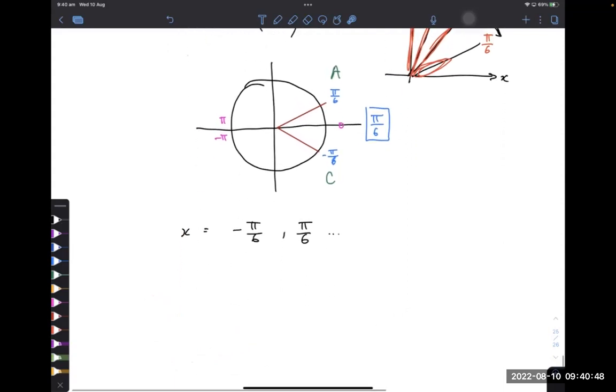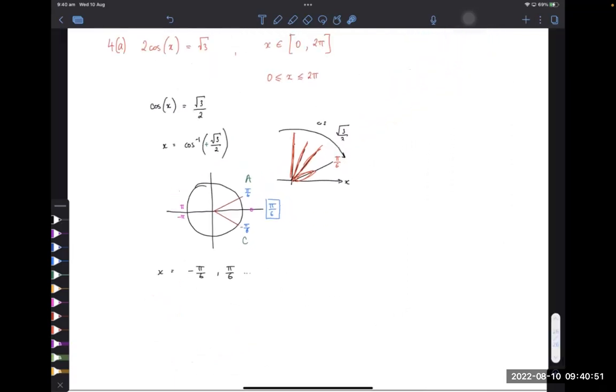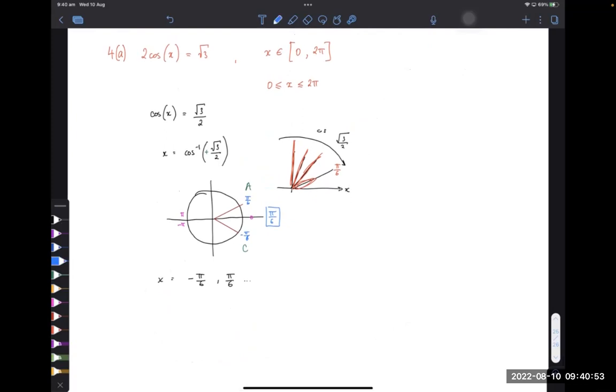Yeah, so that's fine. The next thing we need is our period. That's 2 pi on n. N at the top here is just 1.